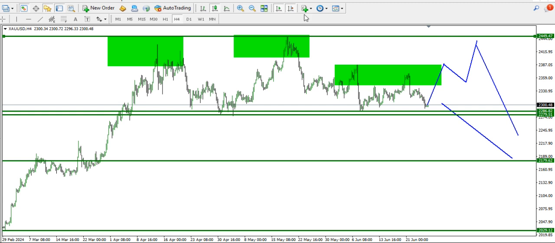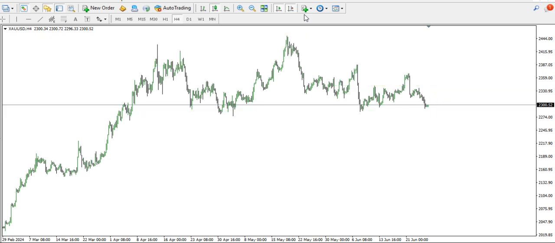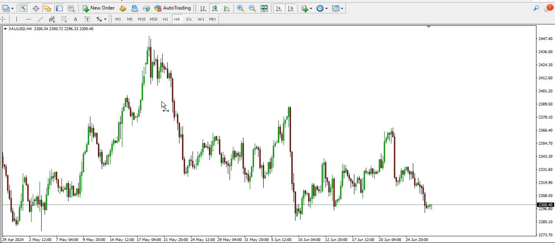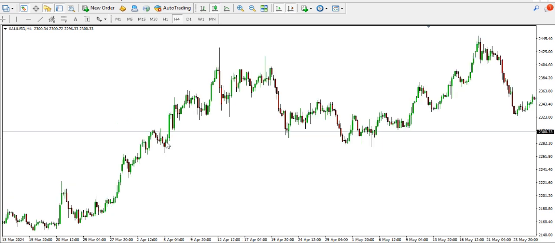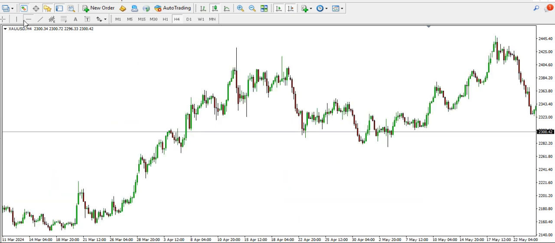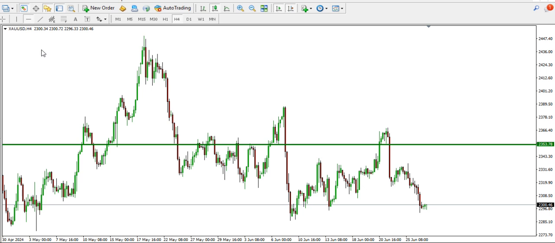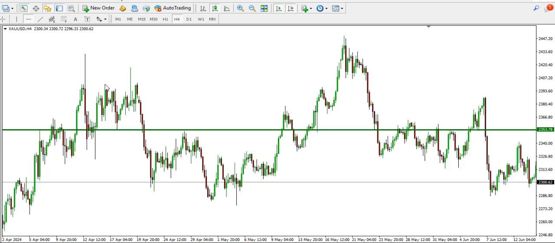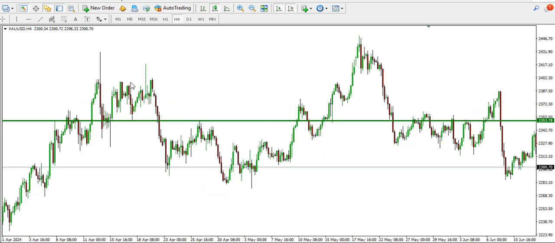But still on the 4-hour time frame, let's see, what do we have? Okay, we have a couple of other blocks around here. We have one, that is there. What other?